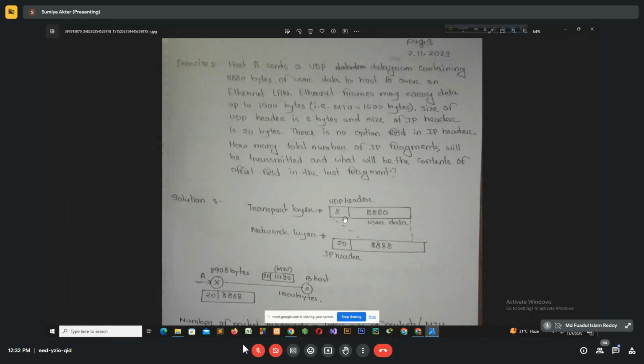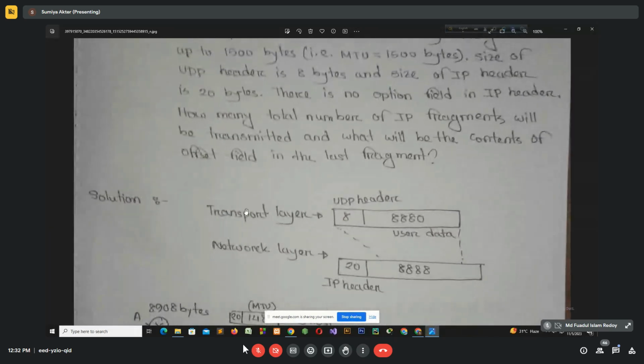In the transport layer, the UDP header is 8 and the user data is 8880, and we have to add them together, and then this will be our data in the network layer, which is 8888, and we have to add the 20 byte IP header. Did you understand this part? Yes, Apu.